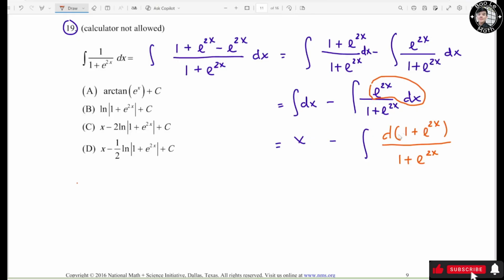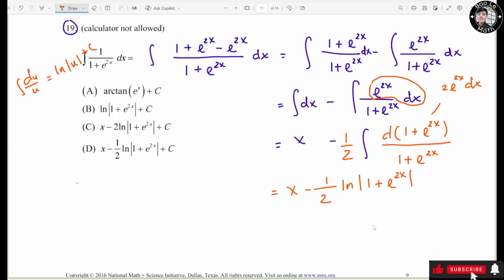If I take the derivative of this, I get 2 e to the 2s ds, but I only have e to the 2s ds right here, so I need to put 1/2 in the front so things don't change. Then I can apply the formula du over u is ln absolute value of u plus c, so keep that in mind. So it will be s minus 1/2 ln absolute value of 1 plus e to the 2s, plus C. So the answer must be D.